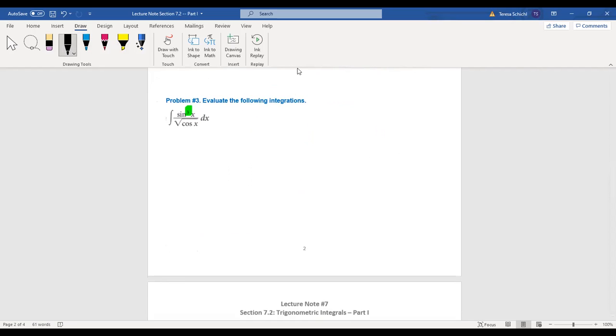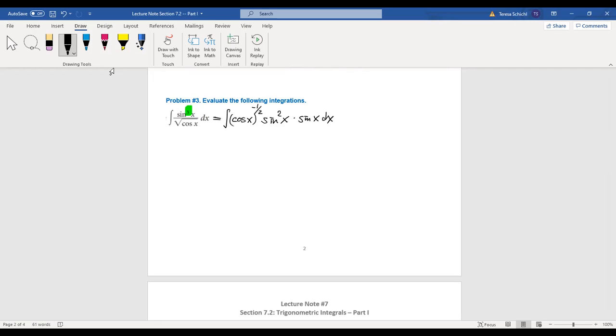So we will say sine. For the square root of cosine x, this will be cosine x to the negative 1/2. And sine cubed, I can separate it as a sine squared times sine x dx.